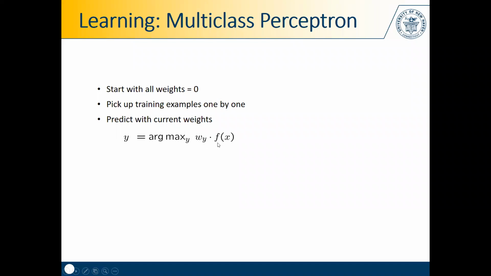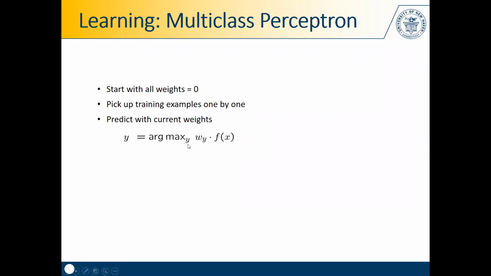Remember, if you have 3 classes, we have 3 weight vectors. If you have 4 classes, we have 4 weight vectors. If you have 2 classes, we have 2 weight vectors. Actually, if you have 2 classes, we do have 2 weight vectors, but the second vector doesn't really matter because it's all zeros. So we calculate the dot product of each of the weight vectors and the feature vector. And then we say the output is the maximum value that we get among those 3 or n calculations.